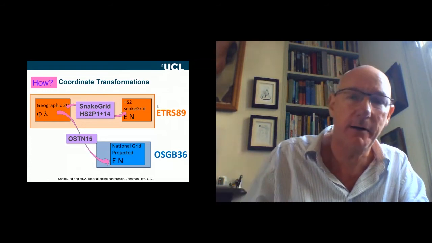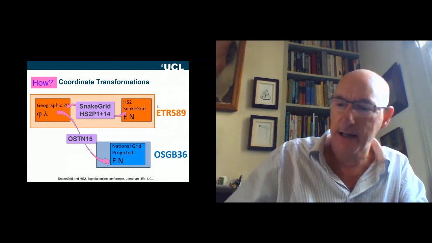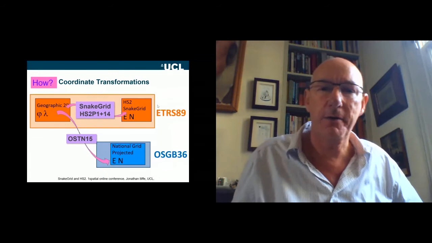So far, phase one of HS2. And then there will be, we hope, an extension of the SnakeGrid coordinate system going further north. So you move around those different arrows by using these different algorithms.